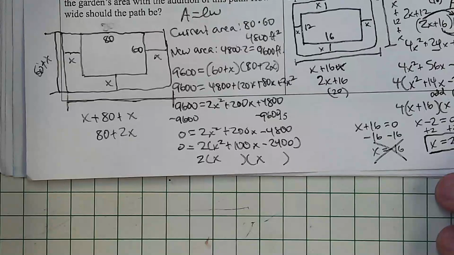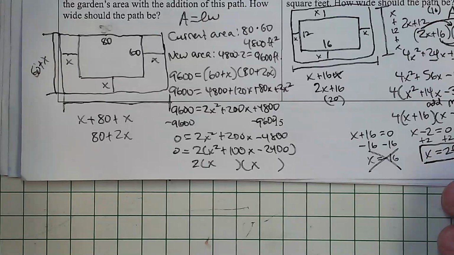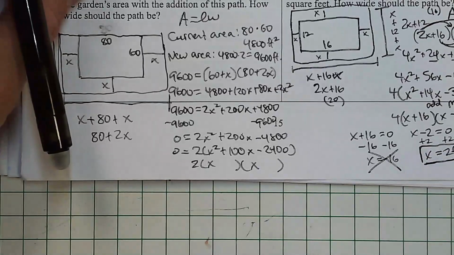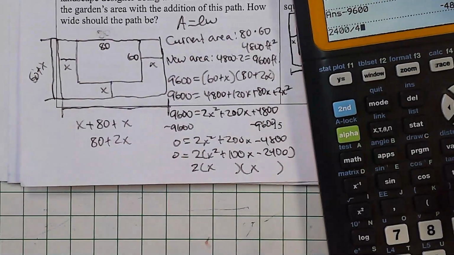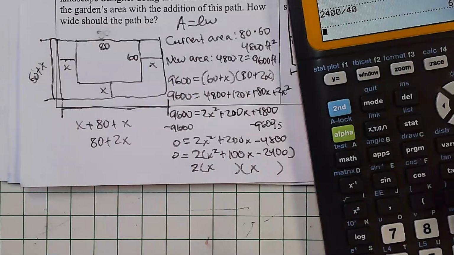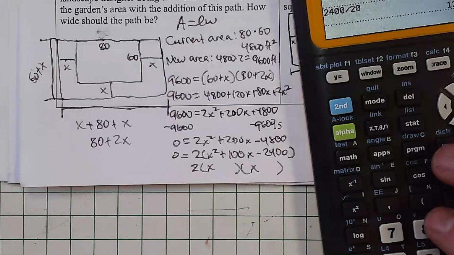What multiplies to negative 2400 and adds to 100? 2400 divided by 40. Oh, I got lucky. Well, no, that's not going to work because one of them has to be negative. What about by 20? There you go.